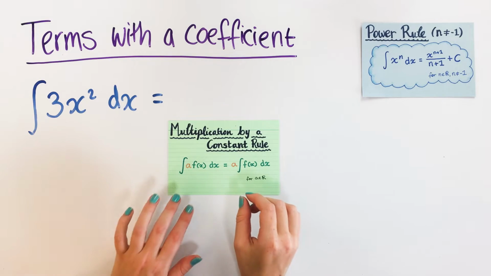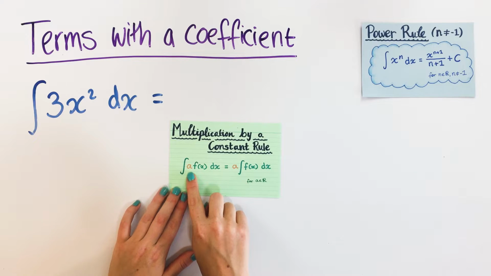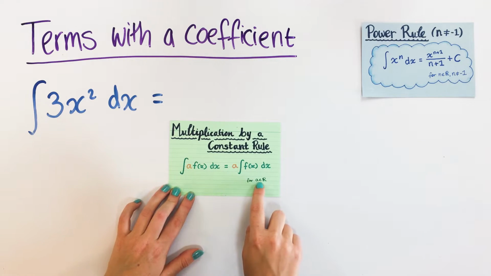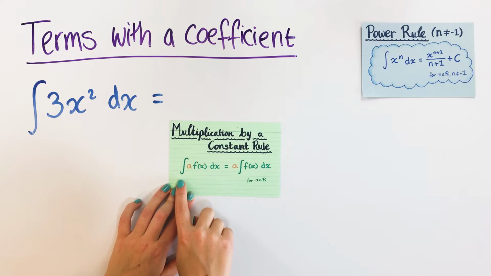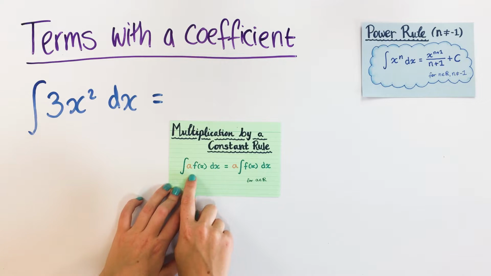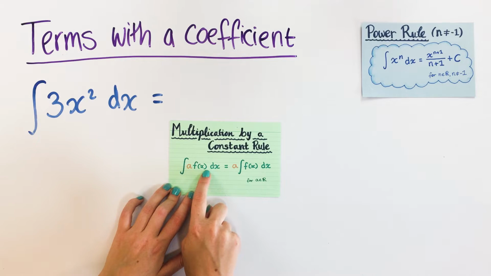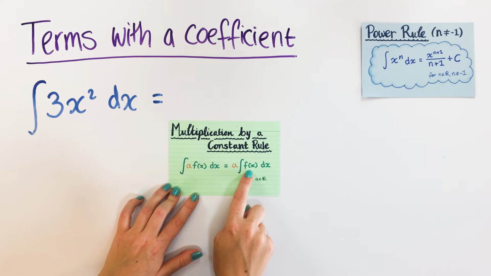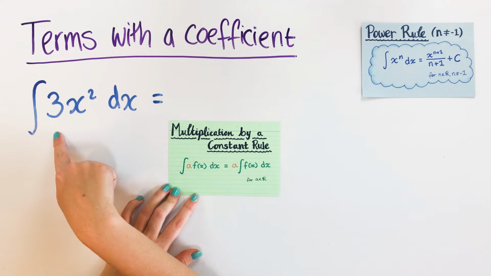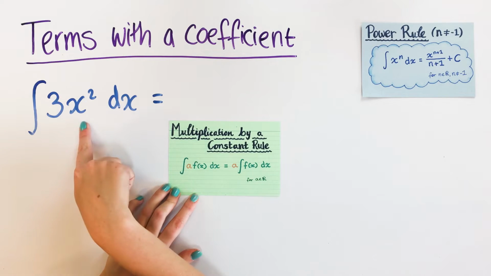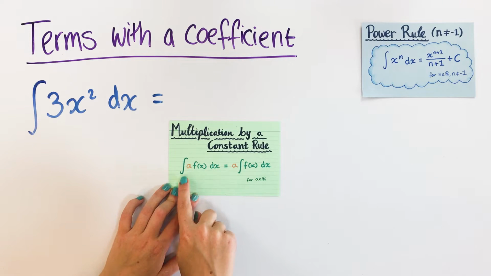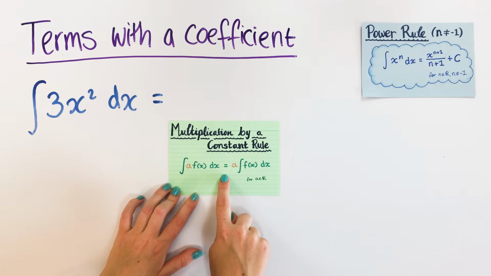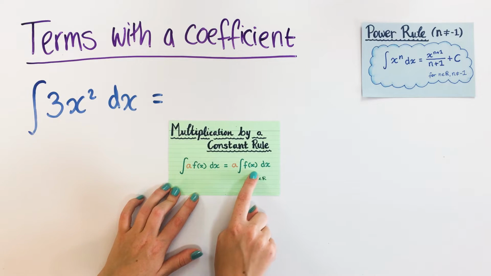So this rule says that if we have the integral of a, where a is a real number, so as before, pretty much every number you'll have come across. So if we have the integral of a number times a function, then that's equal to the number times the integral of the function. So here our number a is 3, and our function is x squared. So this is saying the integral of 3 times x squared is the same as 3 times the integral of x squared.